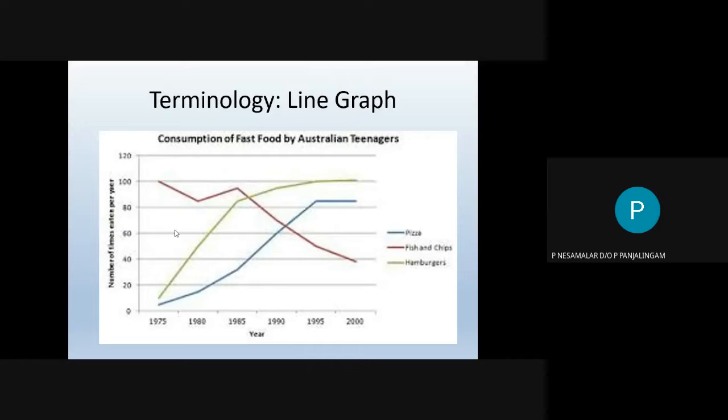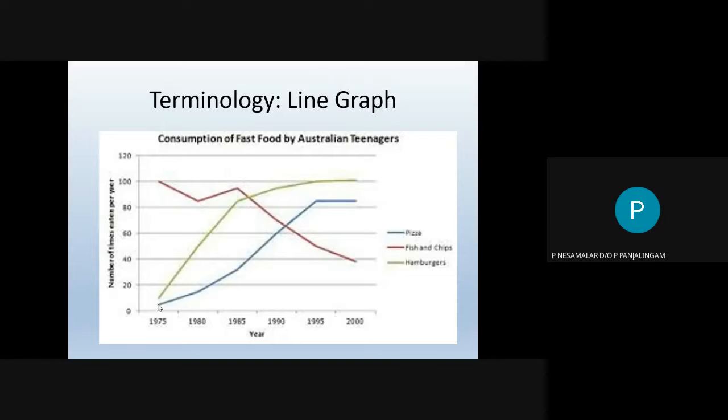So if you say, for example, in, let's choose a year, 1975, at the beginning of the period, and you say fewer than 10 Australian teenagers ate hamburgers. That would be wrong because actually it's the number of times these Australian teenagers ate hamburgers.